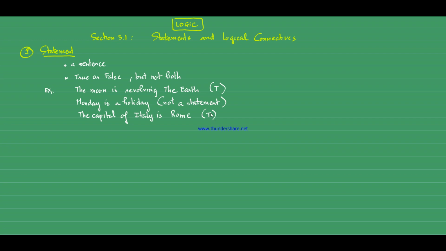But if I change it a little bit and say the capital of France is London, then you know right away this statement is false. You can create your own statements easily, and again, it's either true or false, but it cannot be both.